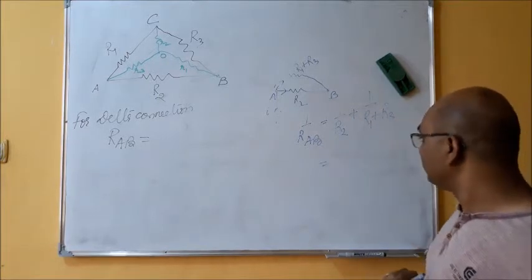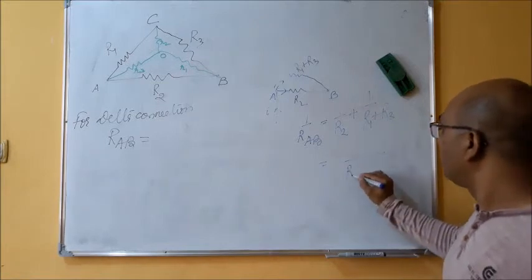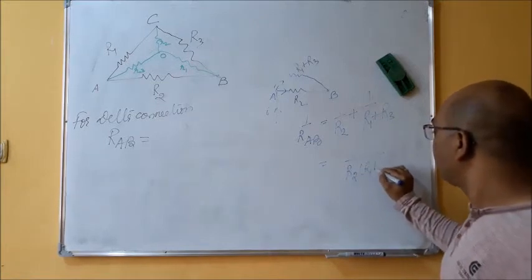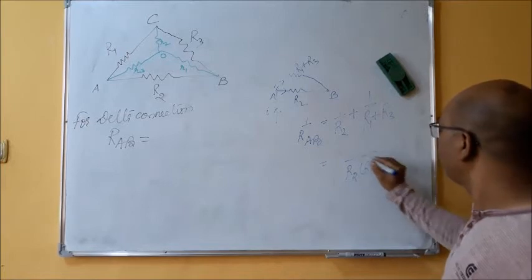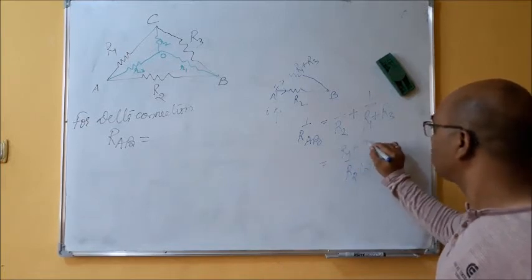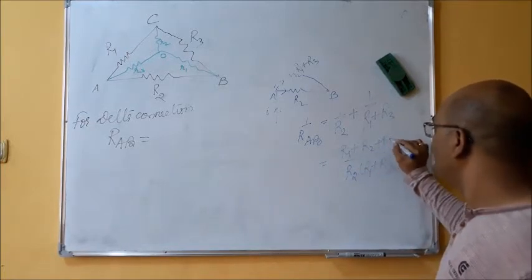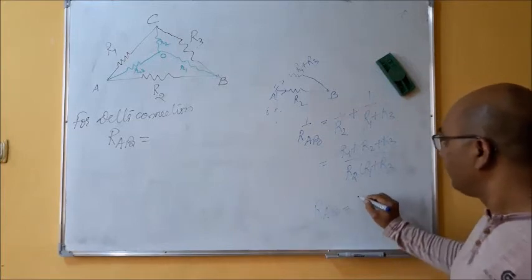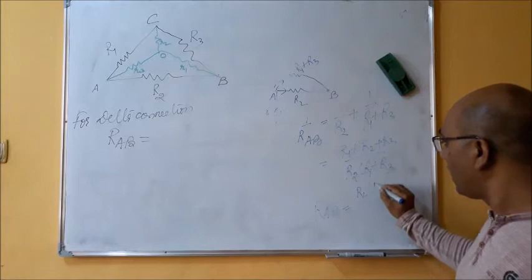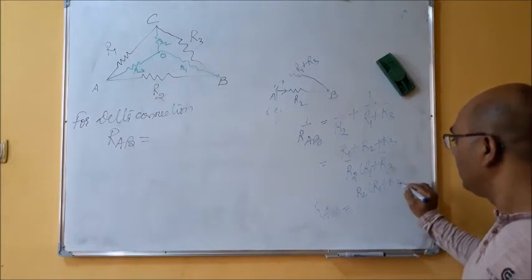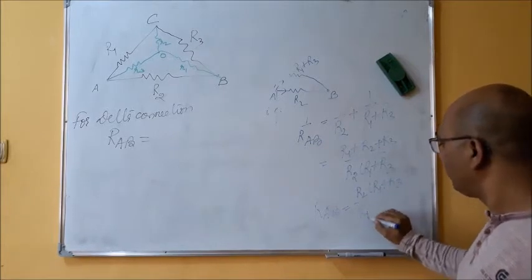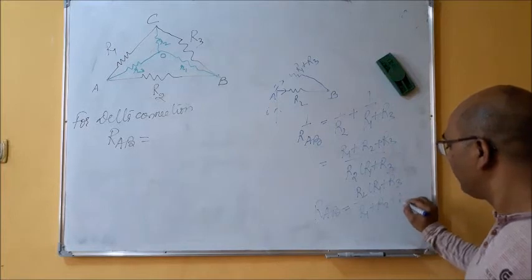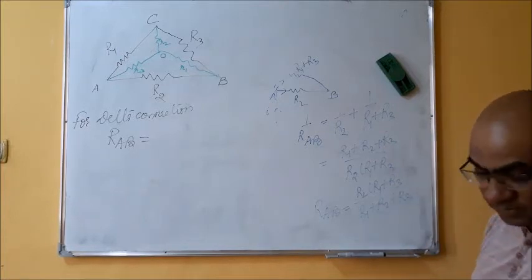This means R2 times R1 plus R3 over R1 plus R2 plus R3, and hence Rab is given by R2 into R1 plus R3 divided by R1 plus R2 plus R3.